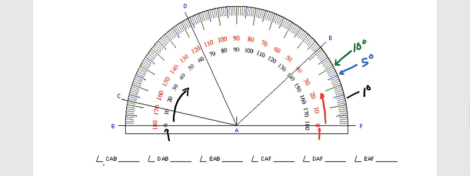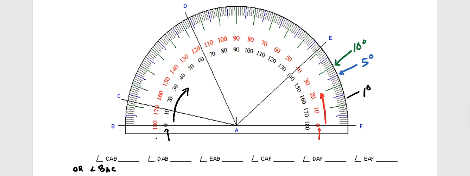The first angle we're asked to measure is angle CAB. Now, that's this angle right here, angle CAB. Remember, this angle can be read in either of two ways. The other alternative is to state that in reverse, angle BAC.